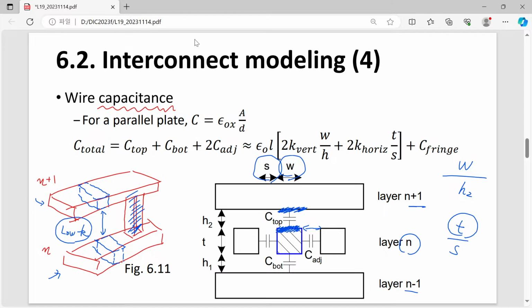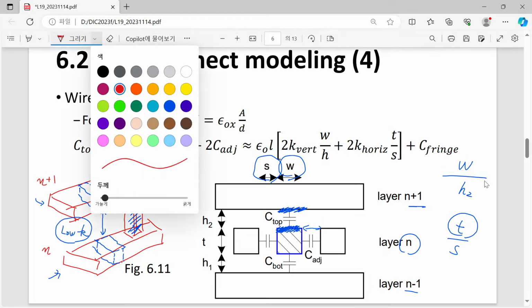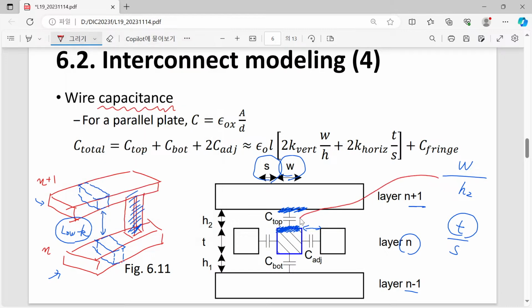So now this is corresponding to the factor for this capacitance, and this is corresponding to this capacitance and this capacitance.